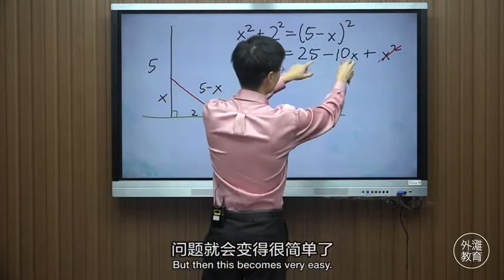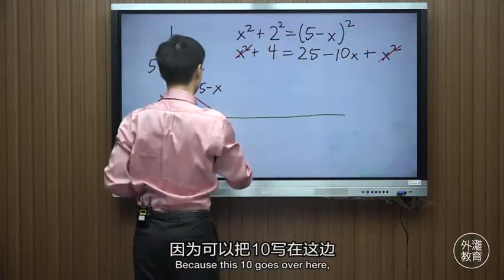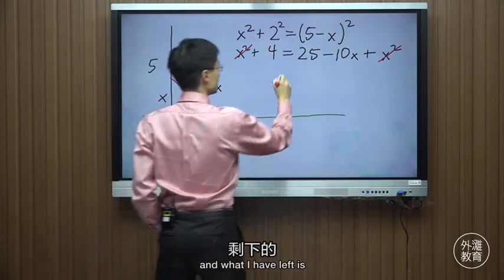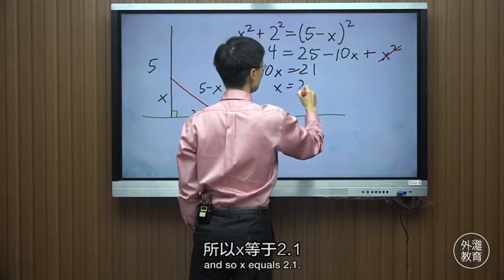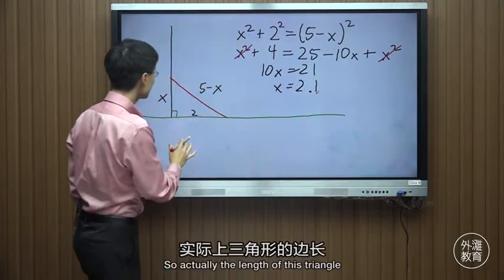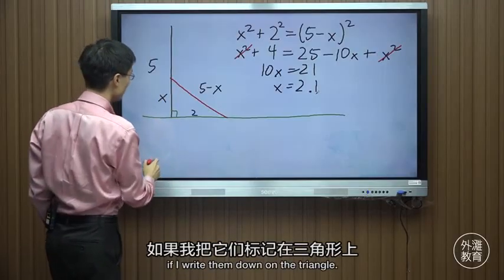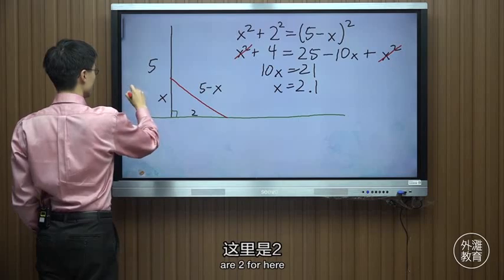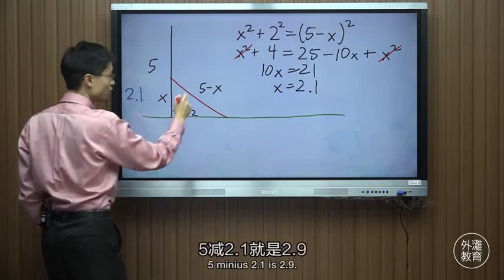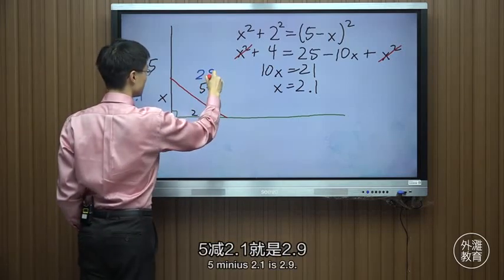But then this becomes very easy, because this 10x goes over here, and what I have left is that 10x equals 21, and so x equals 2.1. So actually the lengths of this triangle, if I was to write them down on the triangle, are 2 for here, 2.1 here, and 5 minus 2.1 is 2.9.